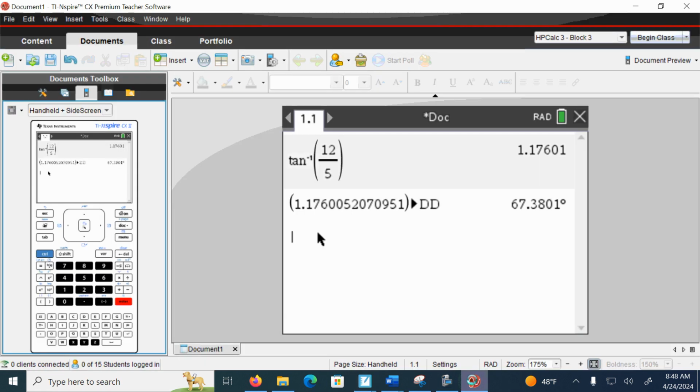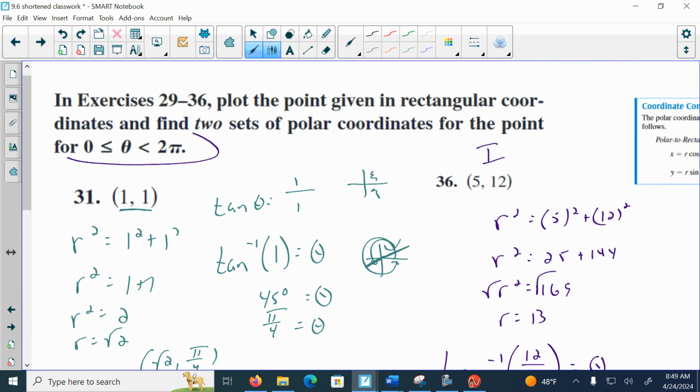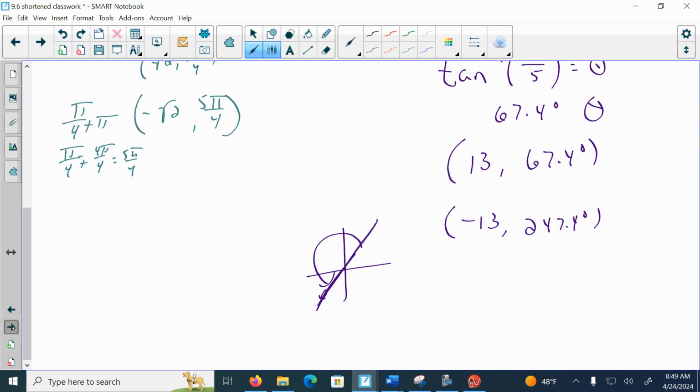So I'm going to take that 67.4, add 180, and the new angle is 247.4 degrees, and then that makes my radius 13. Remember, you have to follow the directions that were given. So both those angles have to be between 0 and 2 pi, or between 0 and 360 degrees if you decide to change it to degrees, which I think makes more sense, but hey, it's just me.